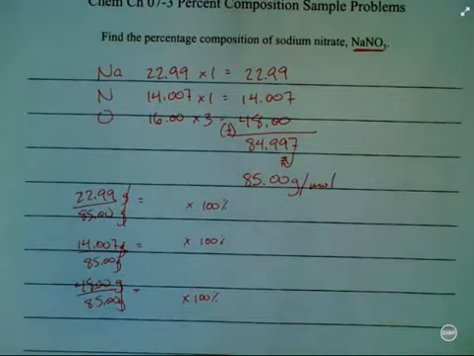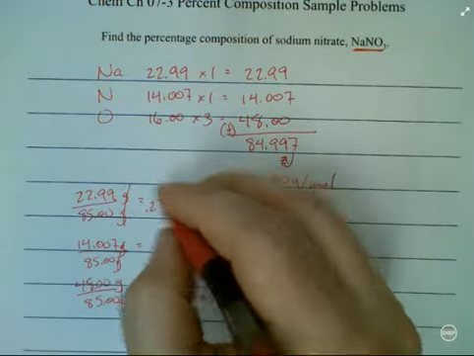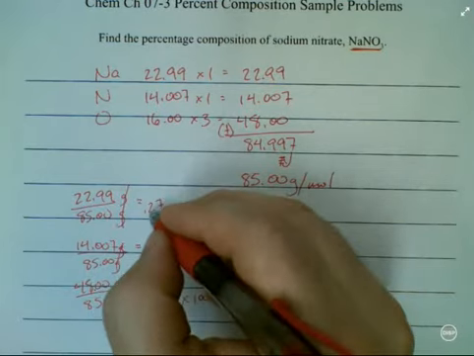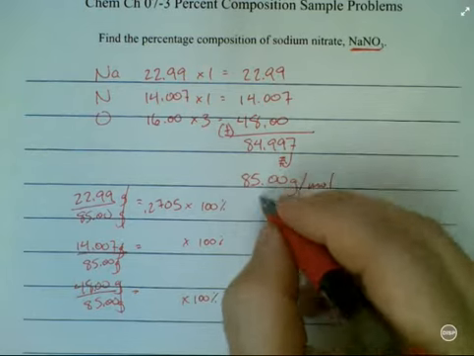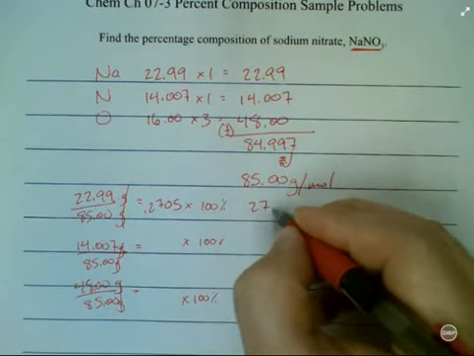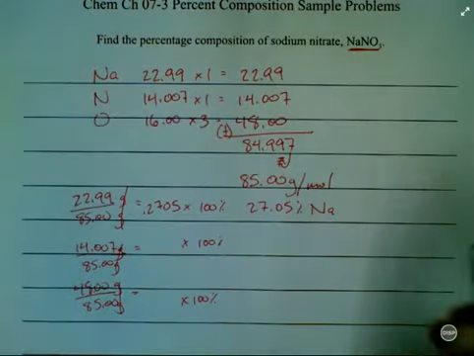Alright, so let's punch this in the calculator. 22.99 divided by 85.00. Go with 0.27. Again, I need to use 4 significant figures, or 0.2705 times 100%. It ends up being 27.05% sodium.